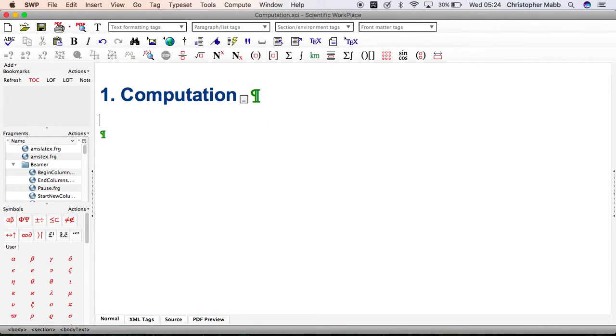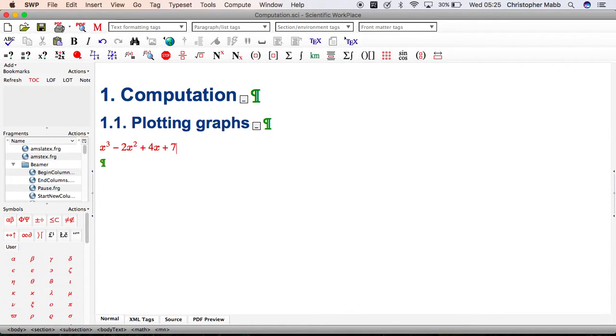Let's go to a subsection with the function key F12, and we'll go to plotting graphs. If we change to maths mode with Command M or Control M and type x cubed, that's Control up arrow for the superscript, minus 2x squared plus 4x plus 7.